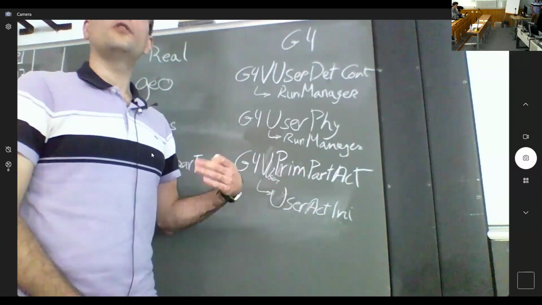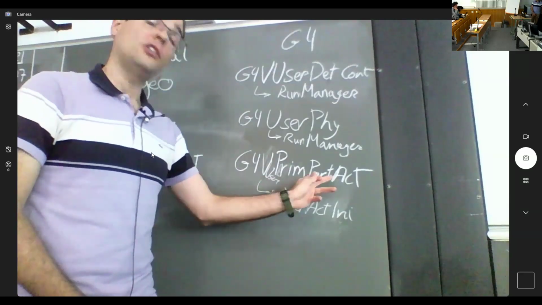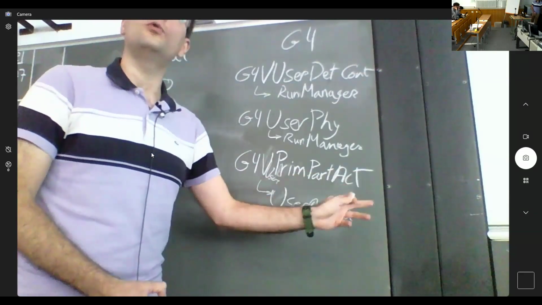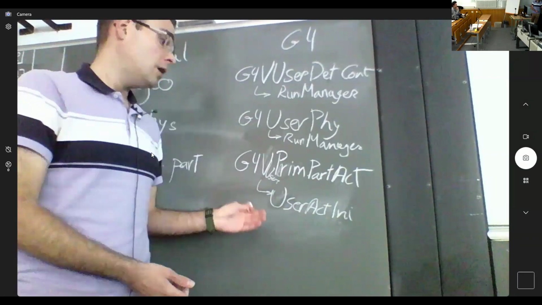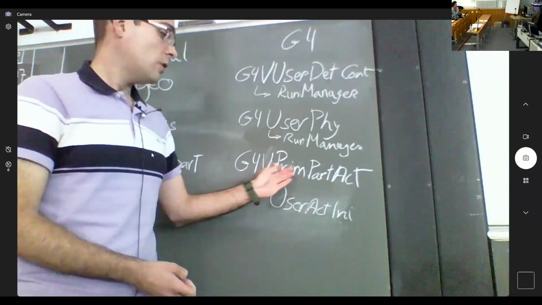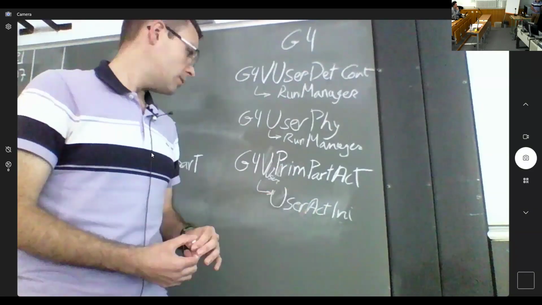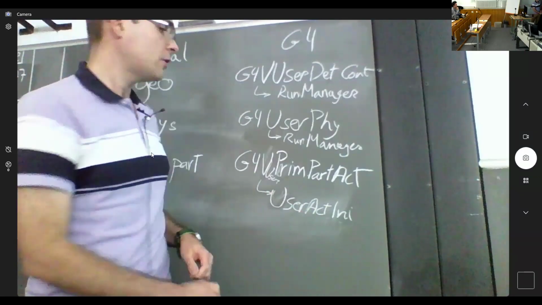The only user action that is mandatory for running a simulation is the action that tells Geant4 how to start up a simulation, how to start an event, how to inject primary particles into this geometry. That is the so-called G4VUserPrimaryGeneratorAction, the primary generator action.